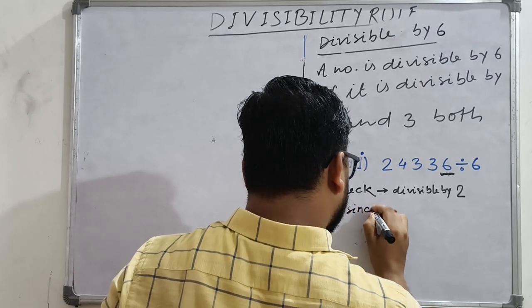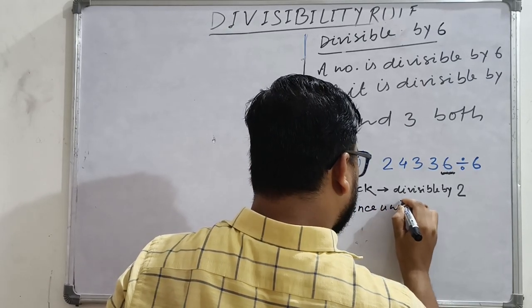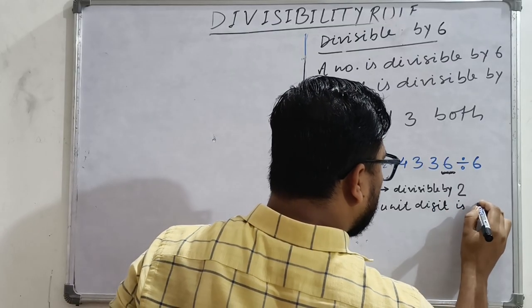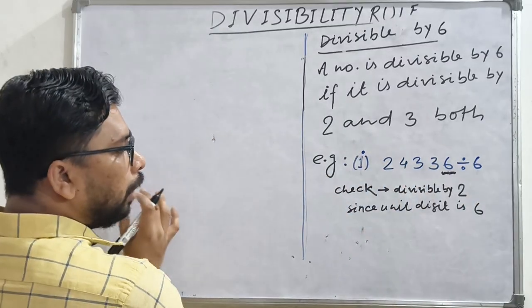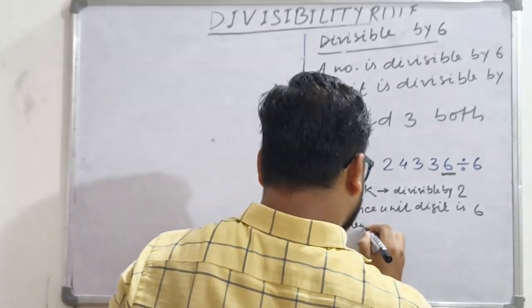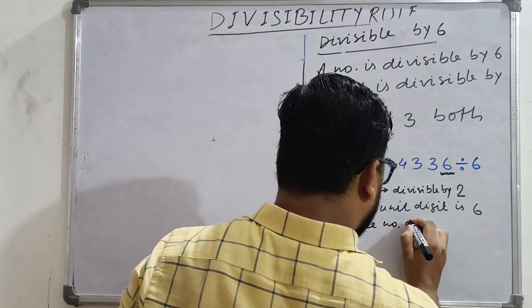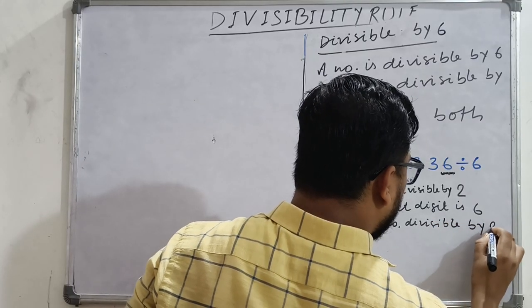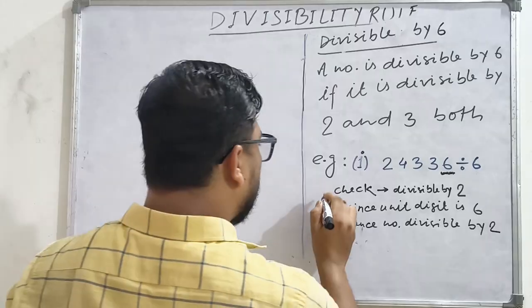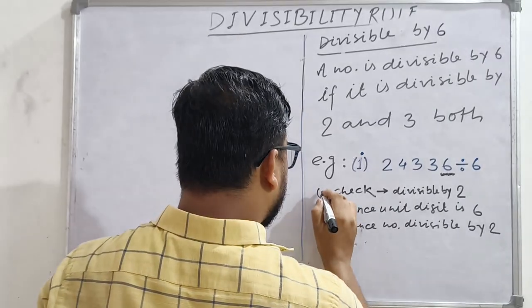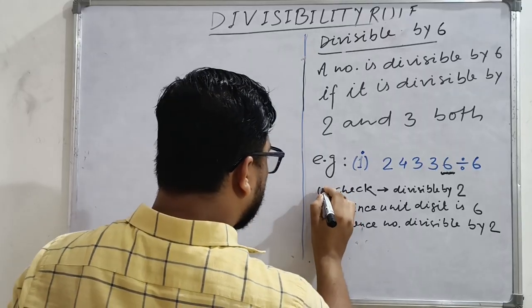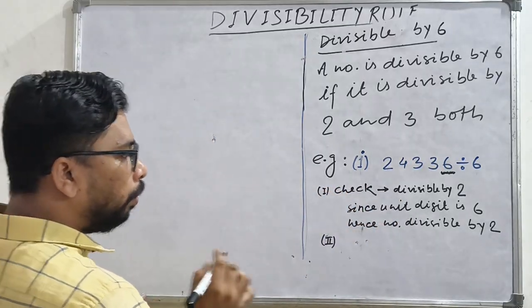Since the unit digit is 6, hence the number is divisible by 2. Now you have to check also whether this number is divisible by 3 or not.